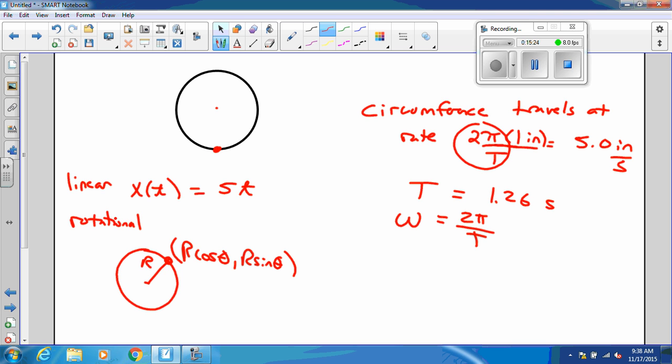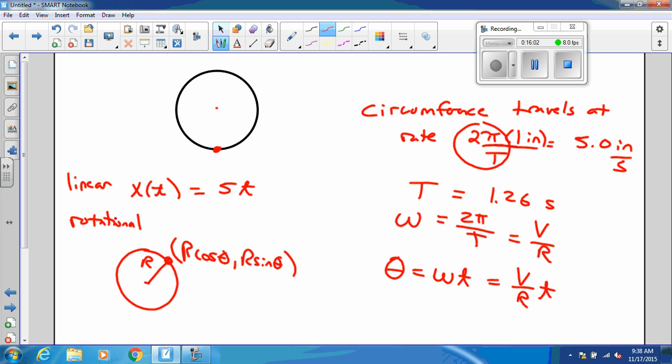Notice that the 2 pi radians divided by the period is the same as the speed of the object divided by the radius, just like that. And therefore, the angle that we will travel in any 1 second is equal to v over r times t. Now, that's measured kind of from an arbitrary 0 point here.